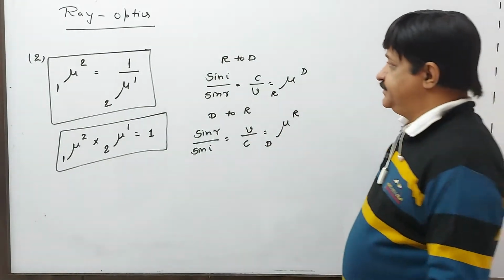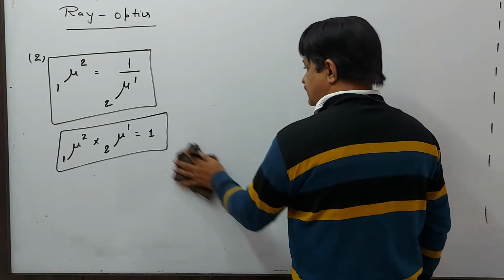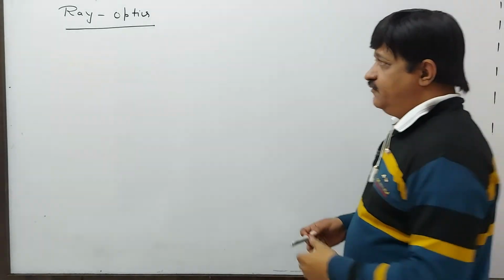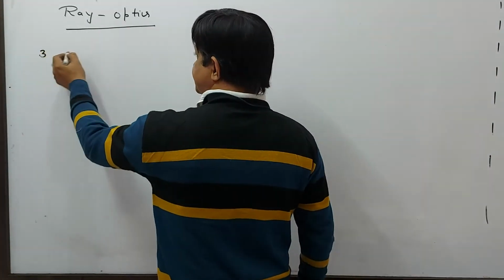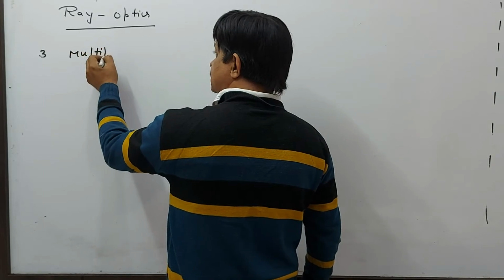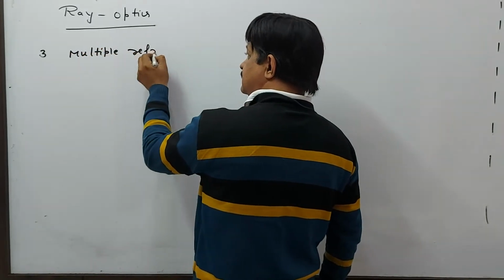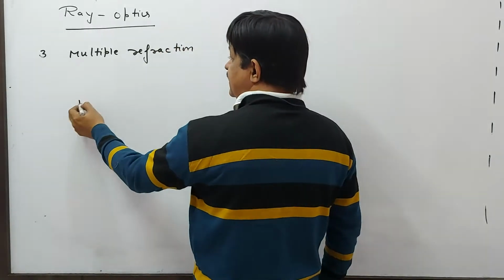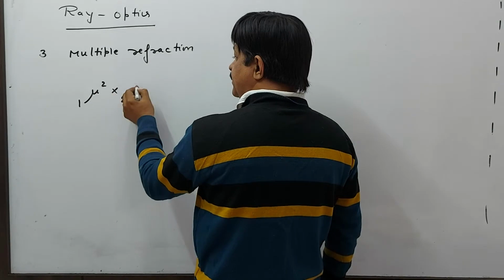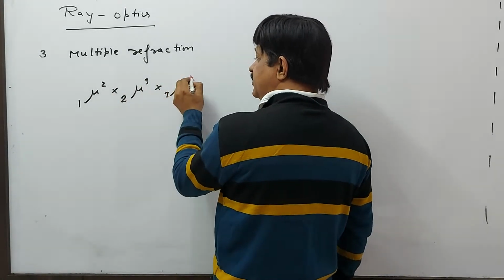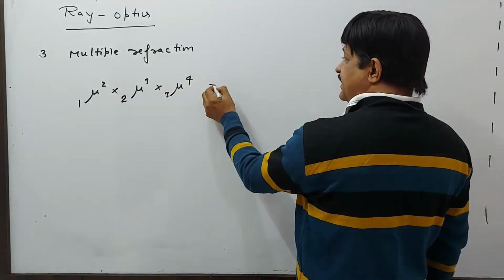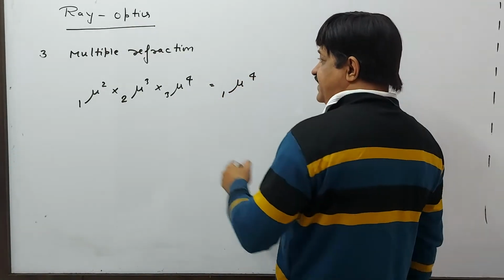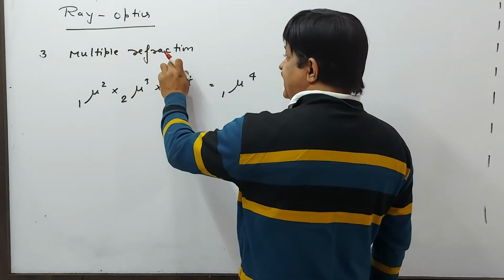Now see number 3. When we have multiple media, like 1 mu 2, 2 mu 3, 3 mu 4, then the product should equal 1 mu 4. The intermediate media all disappear. Only the first and last media matter when you have multiple refractions.